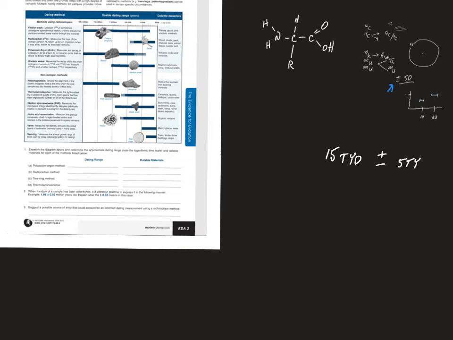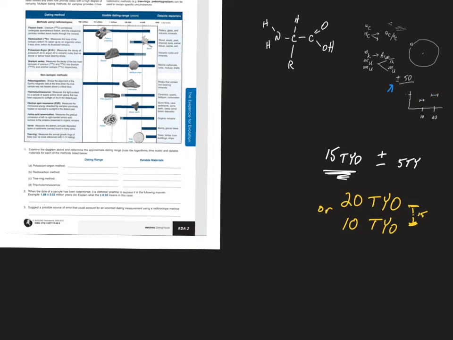So when we're talking about this particular dating event of 15,000 years old, it could be as old as 20,000 years, or it could be 10,000 years old, or it could be 15. It could be anywhere in between. They're not sure. They measured it at 15, but there's a plus or minus of 5 on either side.